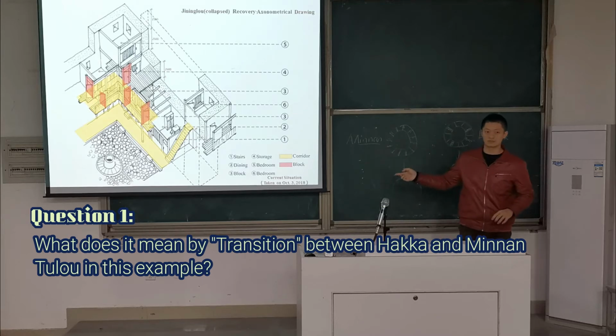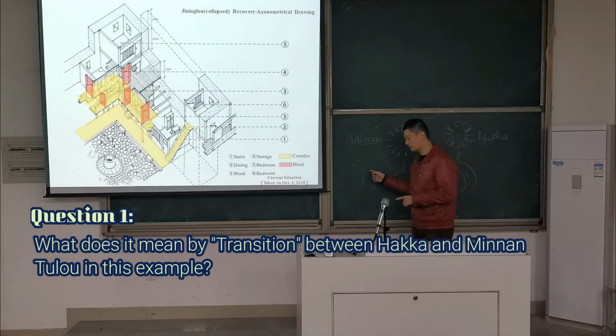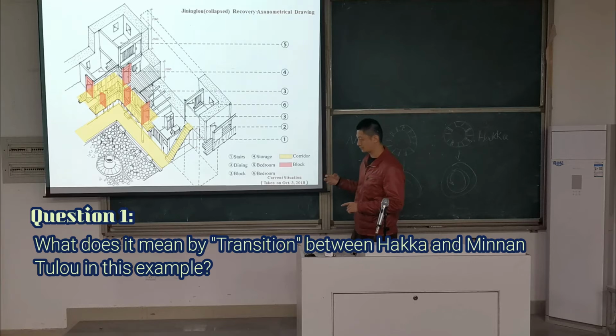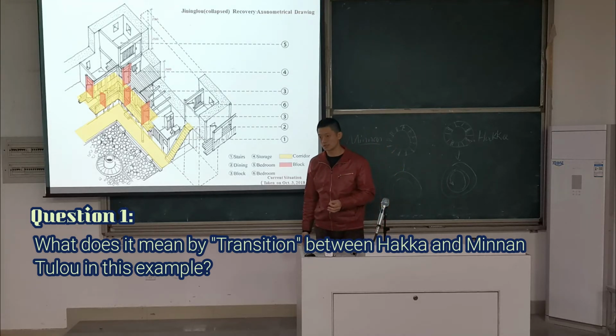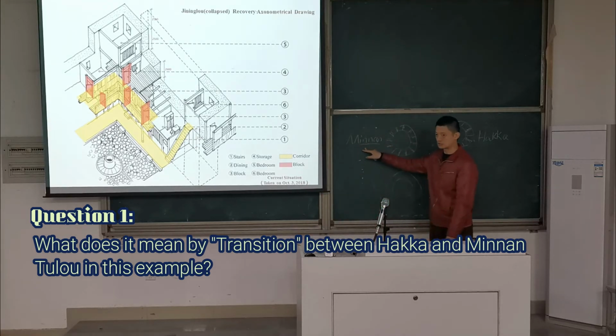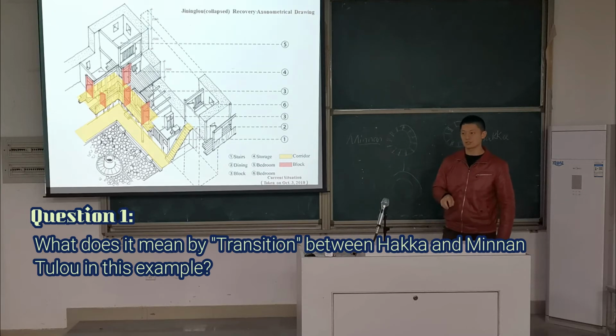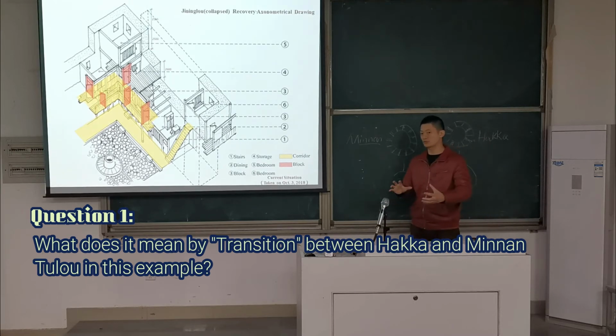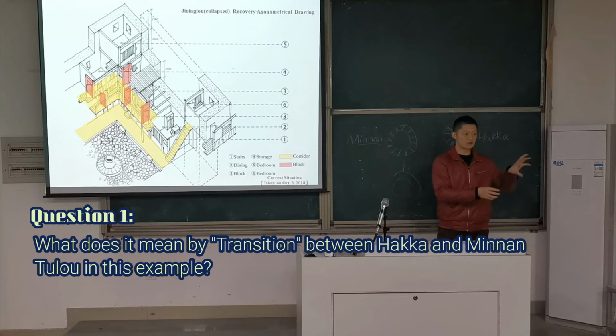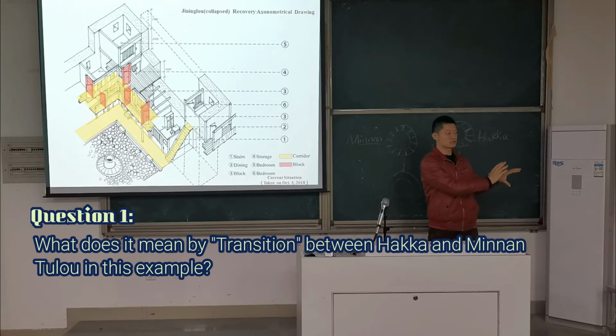And then here comes Minnan Tulou. Minnan is actually an expression of location. Min is Fujian. So we can see on the rear of every card there is a Chinese character, right? And there is a capital letter and there's a number.